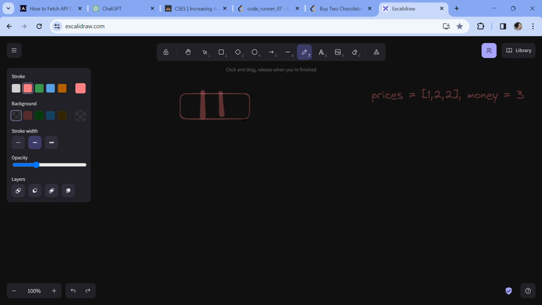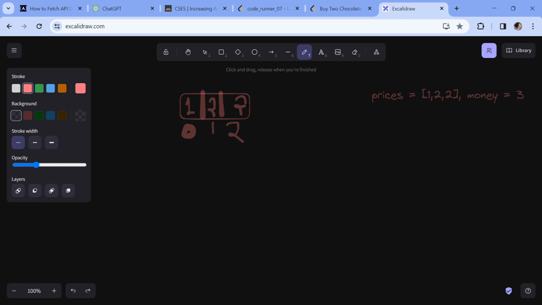So this is the zeroth index, this is our first index, and this is our second index. In the zeroth index we have 1, in the first index we have 2, and in the second index we have 2 only.